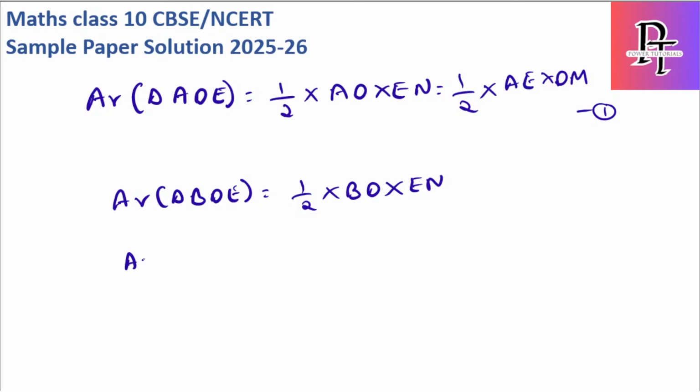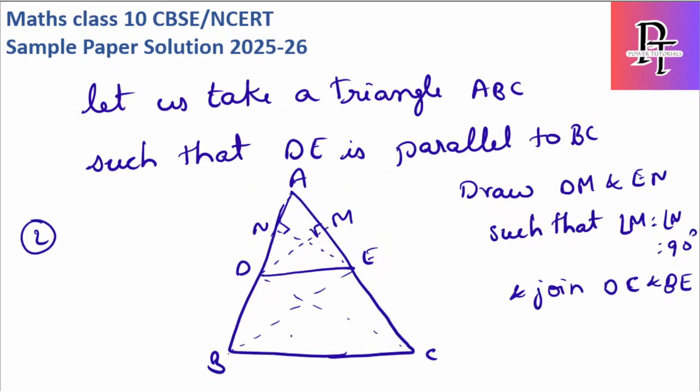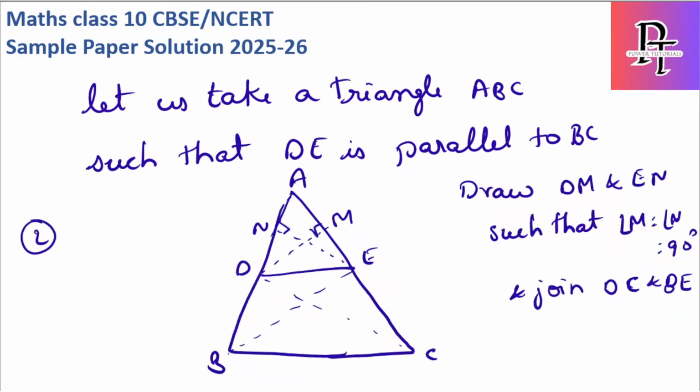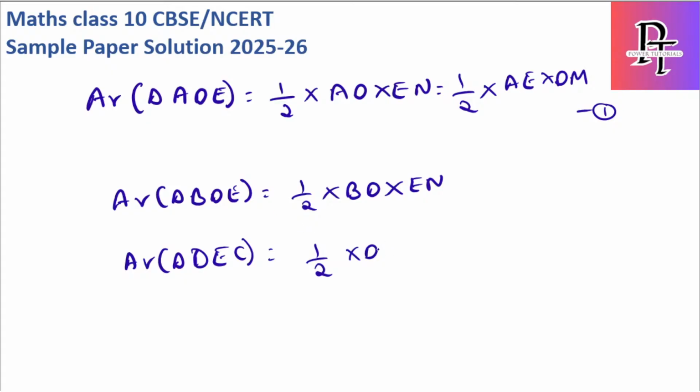In the same way, the area of triangle DEC will be half into EC into MD. So this is 2 and this is 3, not required.